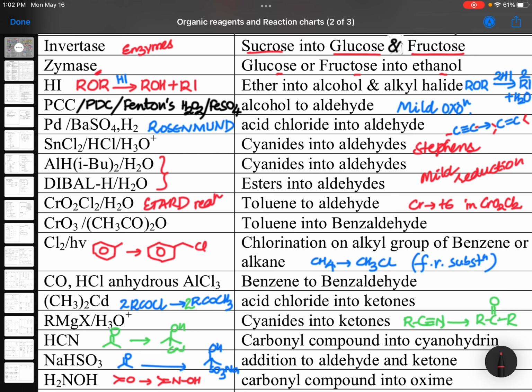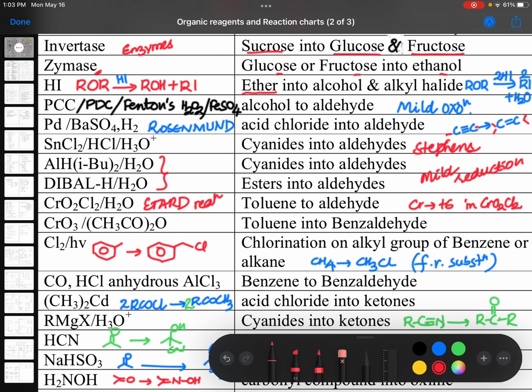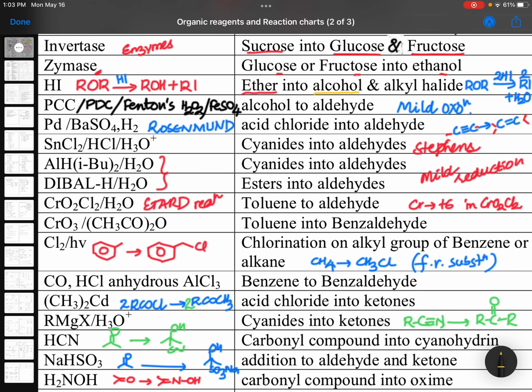Now, all these surface chemistry catalysis examples will be in a box, so try to remember them. Now, enzyme catalysis. Then HI on ethers: HI is actually a very good reducing agent, but when it is treated with ethers, two possibilities exist. I mentioned here only alcohol and alkyl halide, but you can also get two alkyl halides.